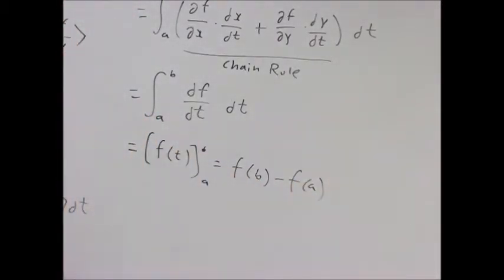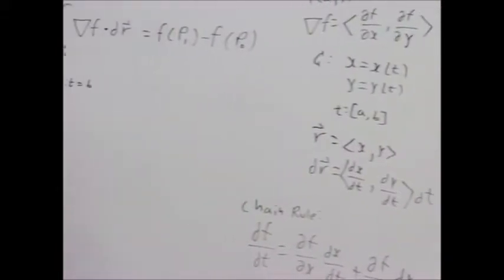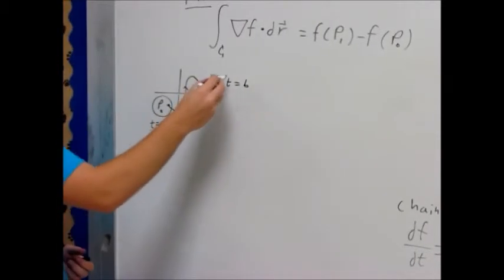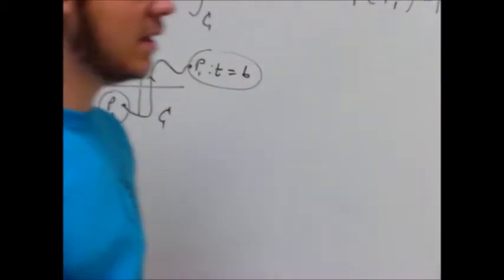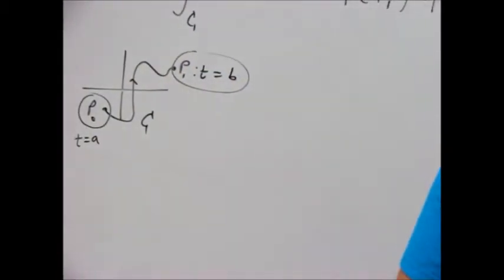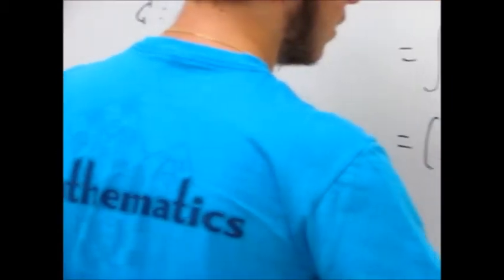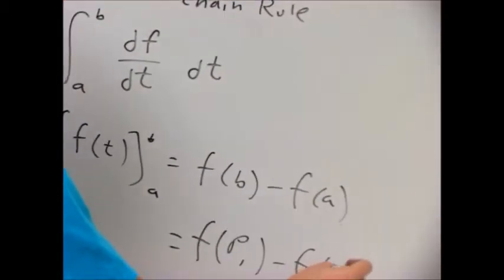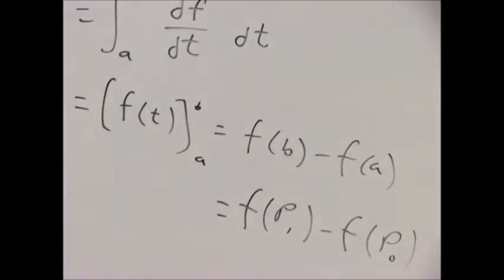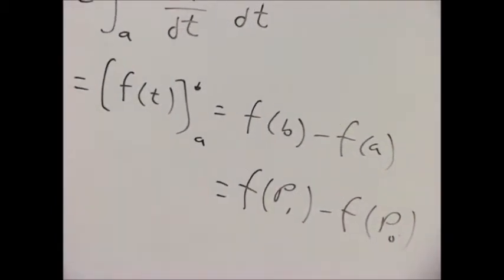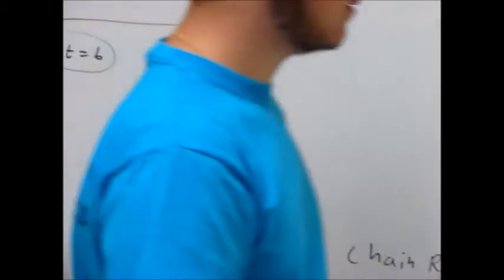But as we said earlier, b and a are really the beginning and end points of our path. So the point P0 is when t equals a, and the point P1 is when t equals b. This is really f of P1 minus f of P0, which is what we said here. So there's the proof of that.